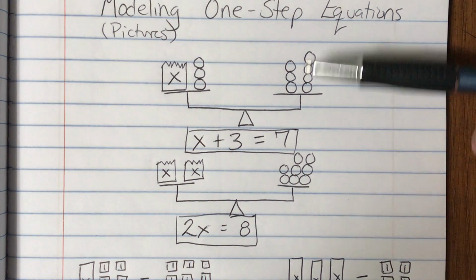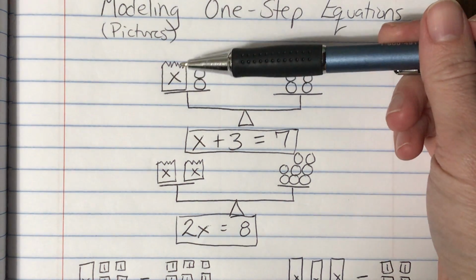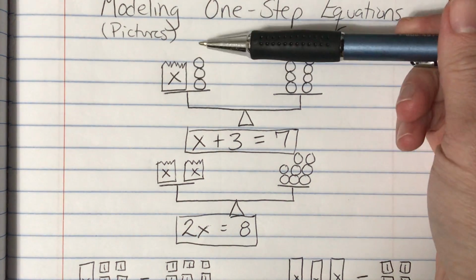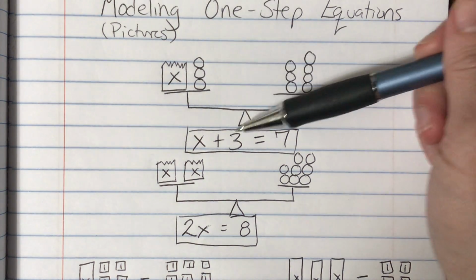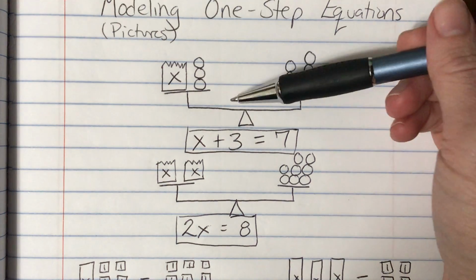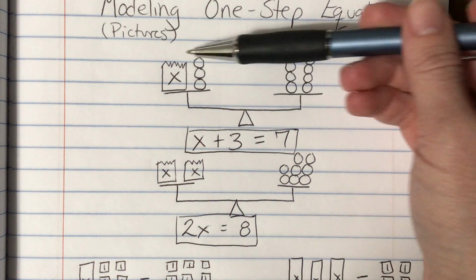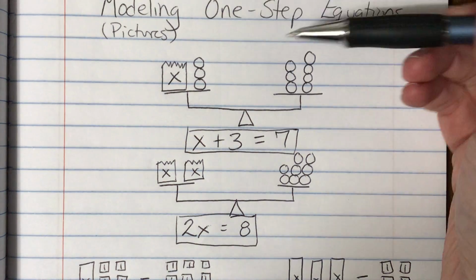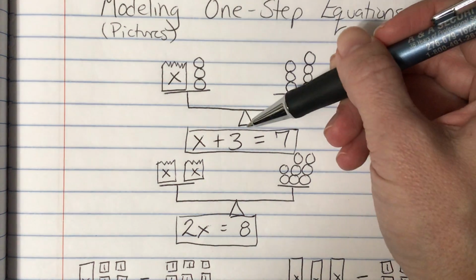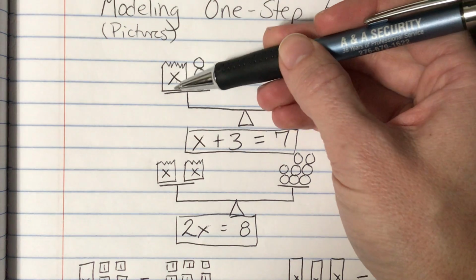So if you think back to your last page of notes, where we had a missing amount plus 3 is equal to 7 on the other side. What is one way we could figure out how many is missing? Well, most of you thought, oh yeah, that has to be 4 because 4 plus 3 is equal to 7. But what could we do with the numbers 7 and 3 in order to get that missing amount?